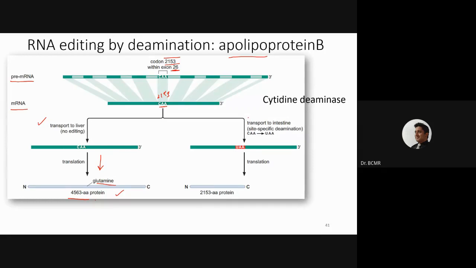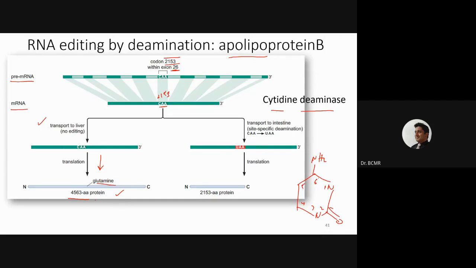But if it is edited, the editing is by cytidine deaminase. Cytosine, you have, we will just see if we can draw it, and we have the amino group. I'm not drawing the rest, and then something like this. 1, 2, 3, 4, 5, and 6.